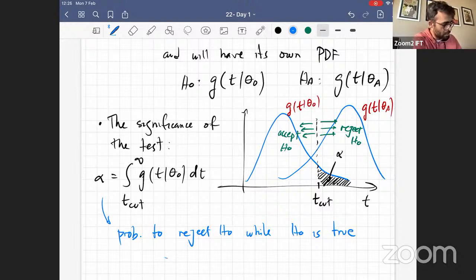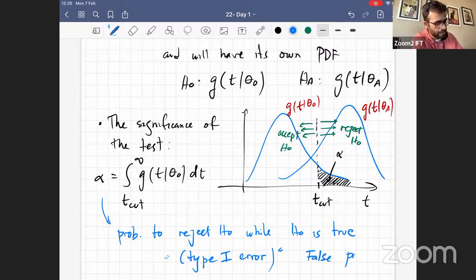And this is also called type 1 error. If you do this, that you reject a true null hypothesis, you are making what is called a false positive.